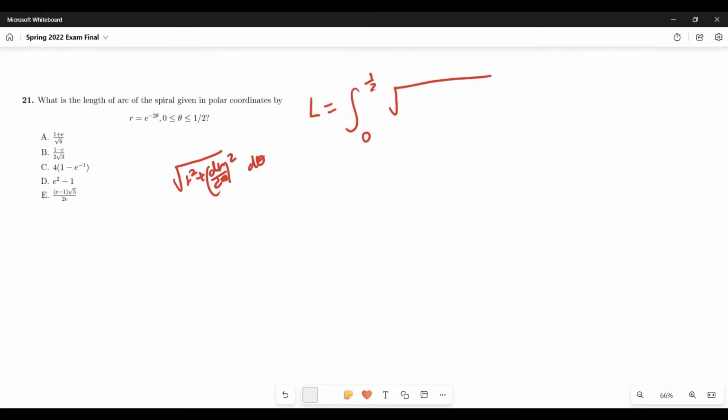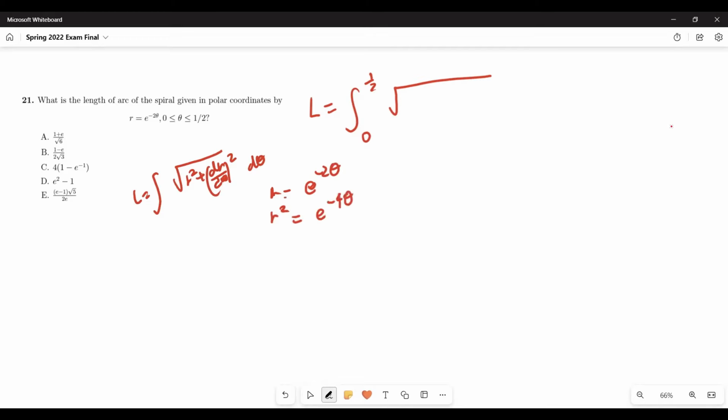So let's do that. r is equal to e to the negative 2 theta, so r squared is e to the negative 4 theta.